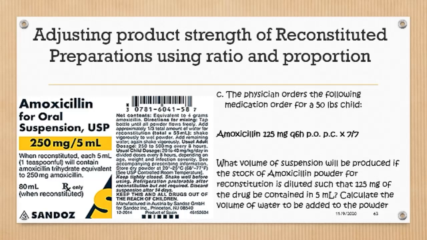The doctor says he wants 125 milligrams to be in 5 mL, not 2.5. So the second method would be to dilute that 80 mL to make 125 milligrams be in 5 mL. So you're going to add more than the 55 mL of water to this powder to end up with a concentration of 125 milligrams per 5 mL. And that is our task.